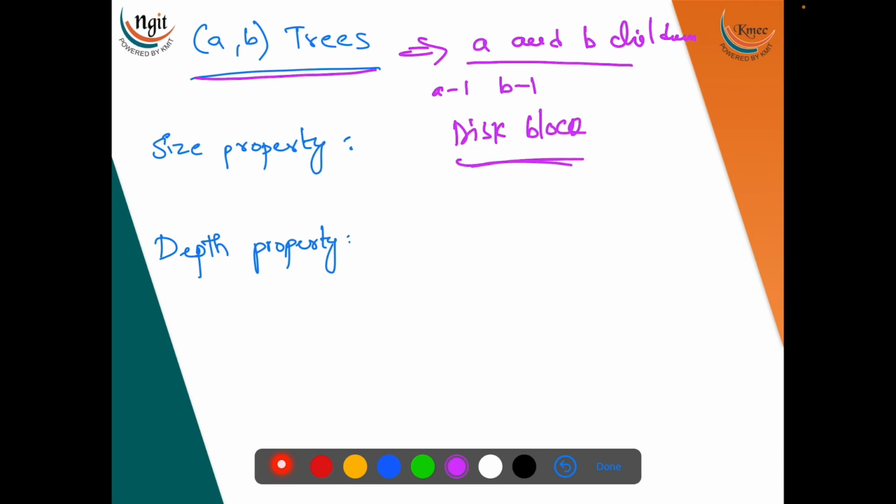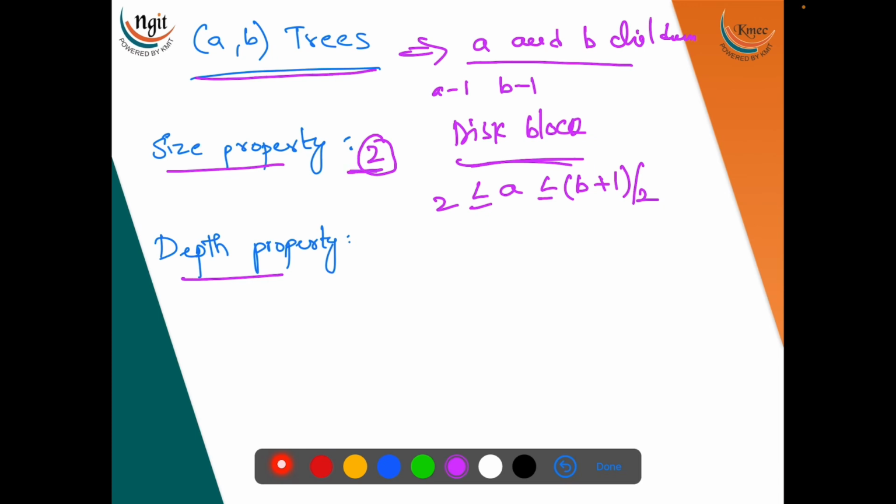Now, an (a, b) tree, where A and B are integers satisfying the condition 2 less than or equal to A less than or equal to (B plus 1) by 2, is a multi-way search tree. The properties are the size property and the depth property. Size: each internal node has at least A children unless it is the root, and has at most B children.